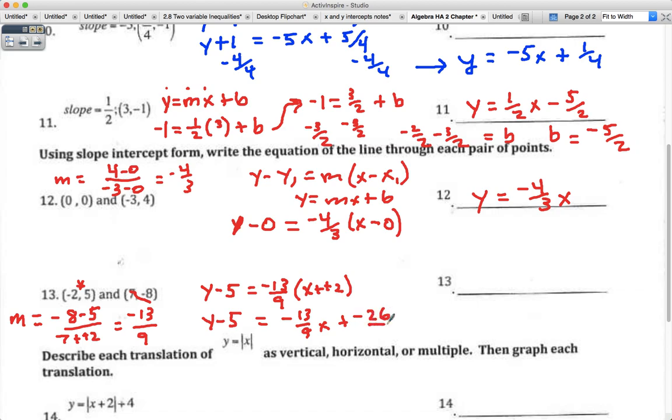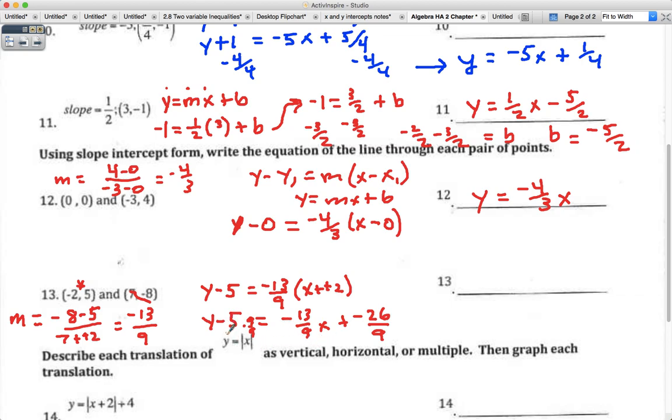That must mean I bring 5 over to find my slope-intercept form. I'm going to have to turn this into a fraction with 9 on the bottom, which means I multiply the top and the bottom by 9, which will be 45 on top and 9 on bottom.